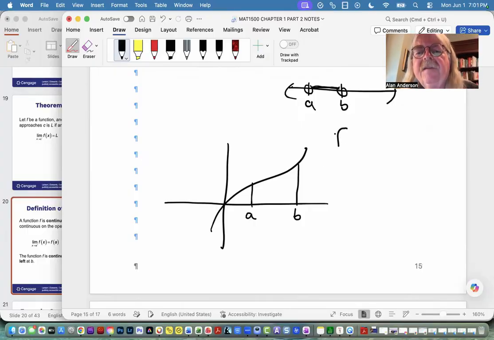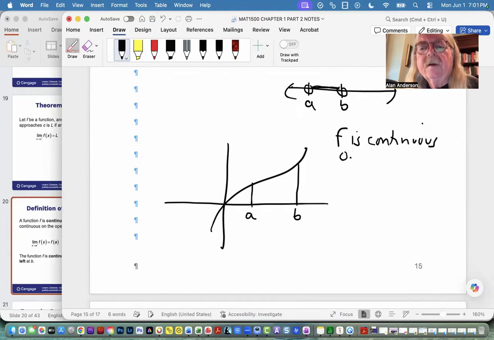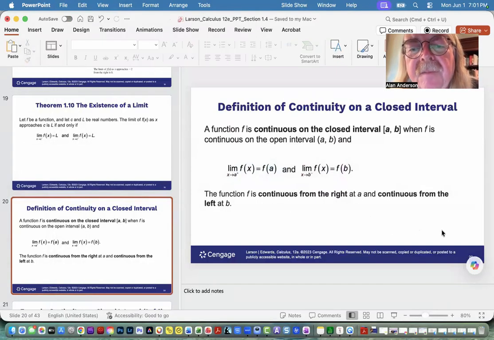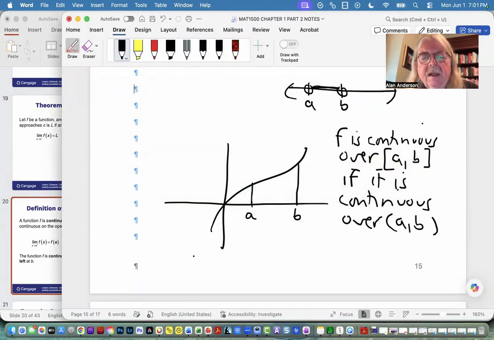So f is continuous over [a, b] if it is continuous over the open interval (a, b), and then there are two more requirements.